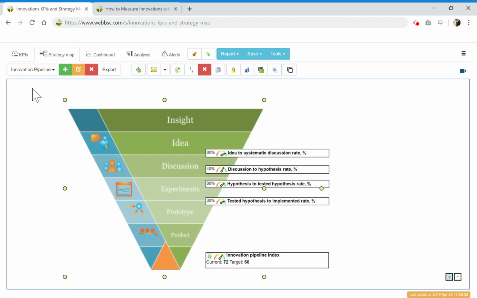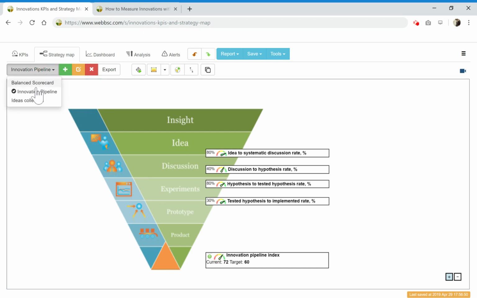So to summarize, we have discussed how a typical innovative pipeline looks. We have discussed different ways to quantify how innovative your environment is.